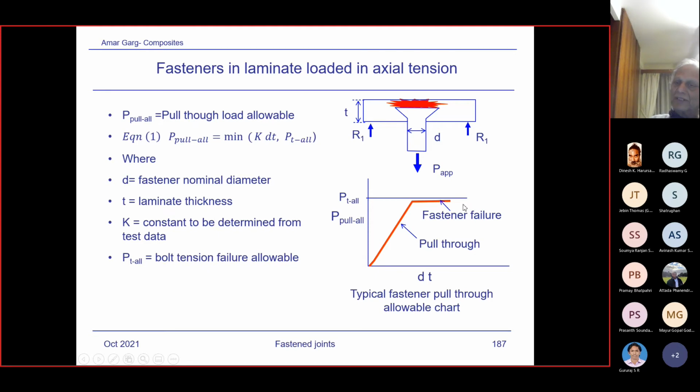But for large thickness, what happens? The failure will not be dictated by the laminate, it will be dictated by the fastener. And that is where we say, okay, there's a cutoff, P_T allowable, this is a fastener failure, and this is pull-through. So sometimes if the laminate is very thick, you may just use this data allowable, somewhere here depending upon dt.